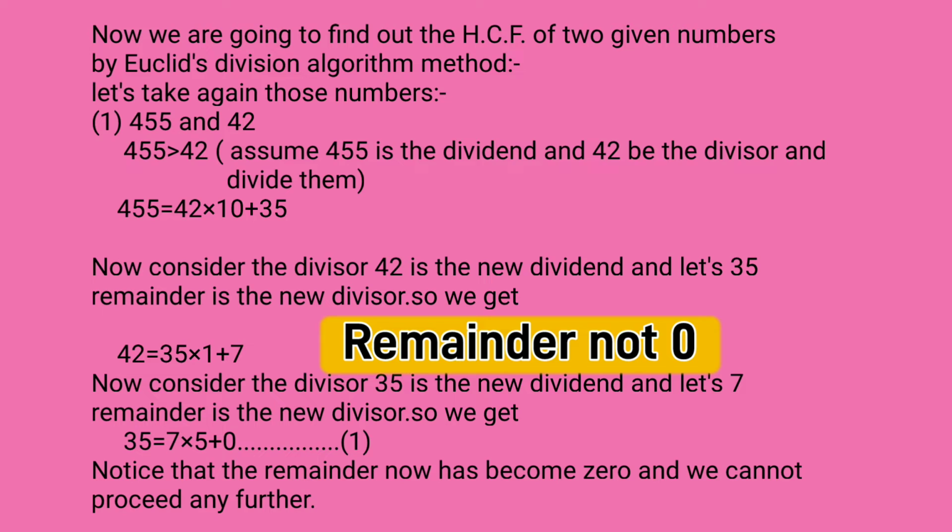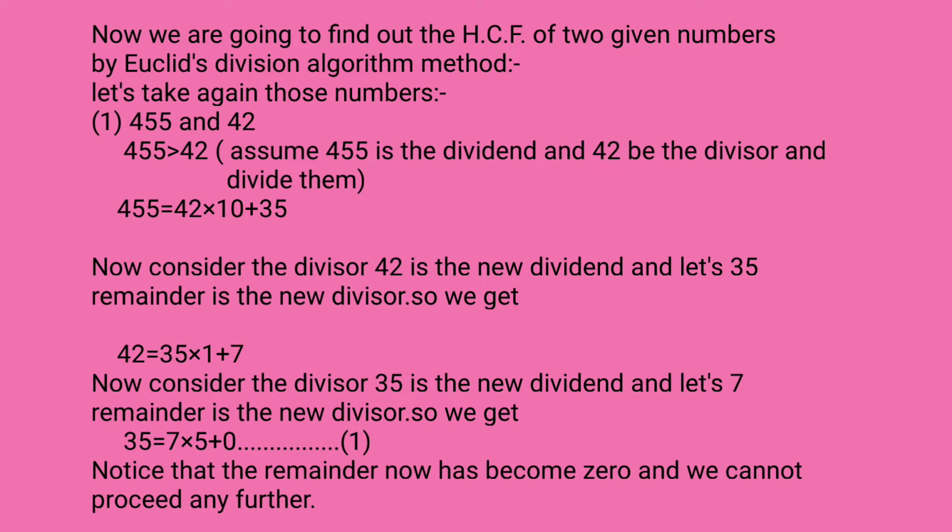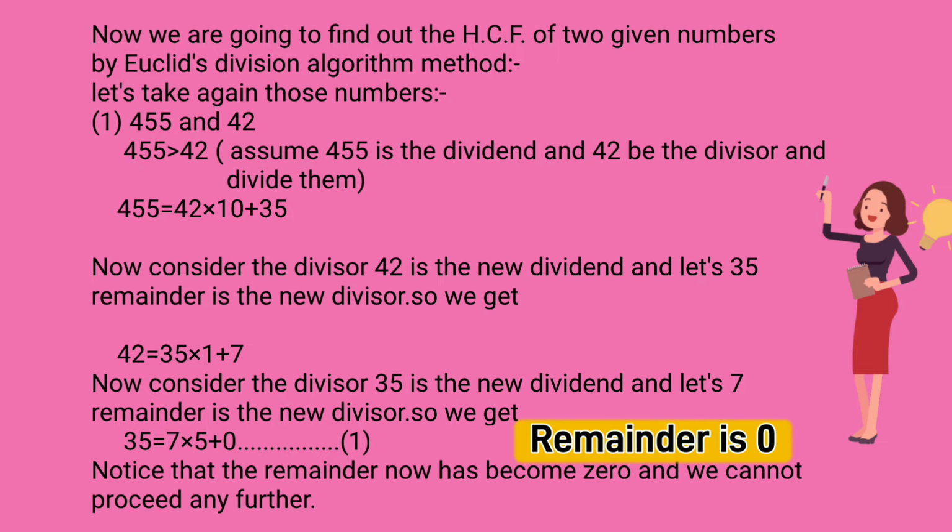Now proceed further. Now consider the divisor 35 as the new dividend and 7, the remainder, as the new divisor and divide them. So we get 35 equals 7 into 5 plus 0. Notice that the remainder now has become 0 and we cannot proceed any further.